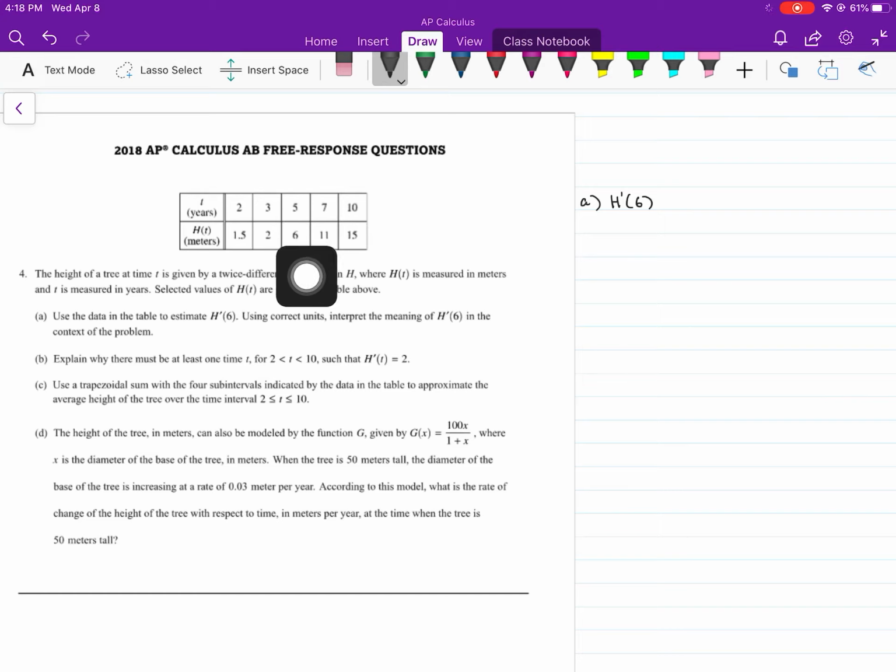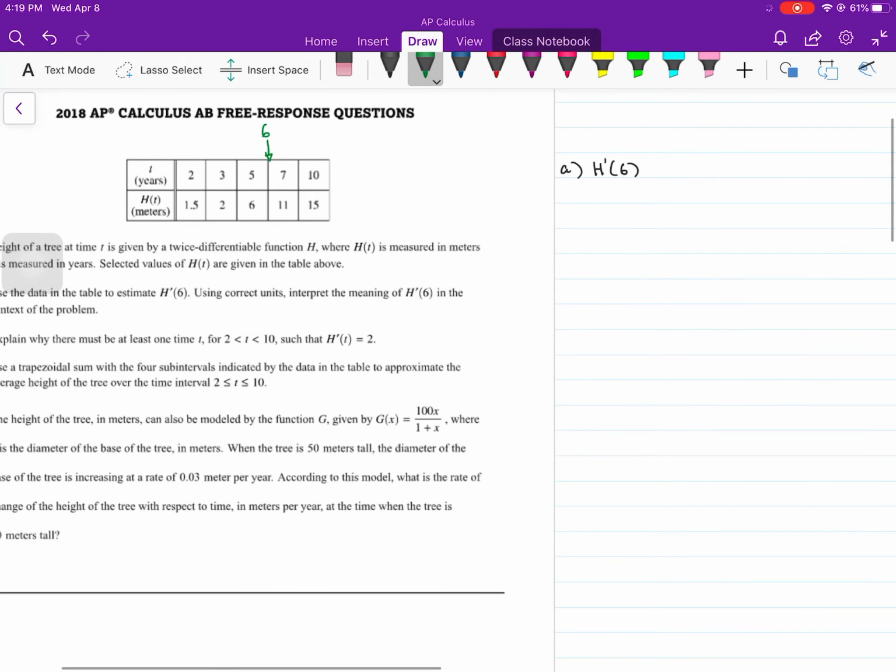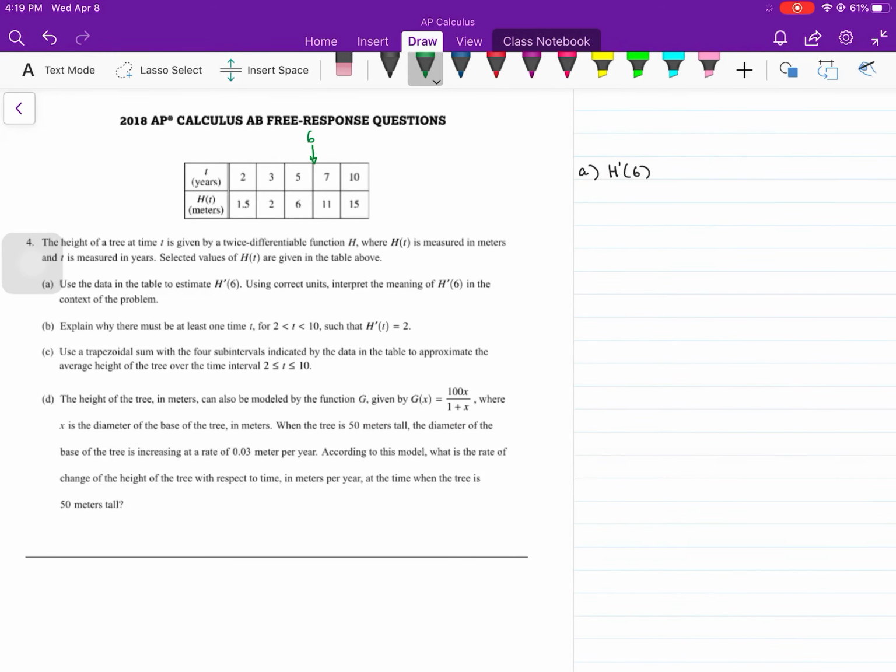I'm going to go ahead and just find the slope between. Here's h prime of 6. Well, 6 falls right here, because notice the input is 6. So 6 would fall right there in between the 5 and the 7. So what we're going to do is find the slope between the 5 and the 7. So h of 7 minus h of 5 over 7 minus 5.